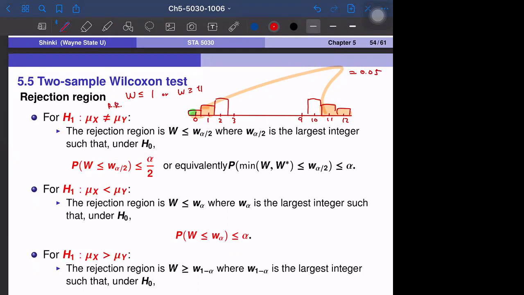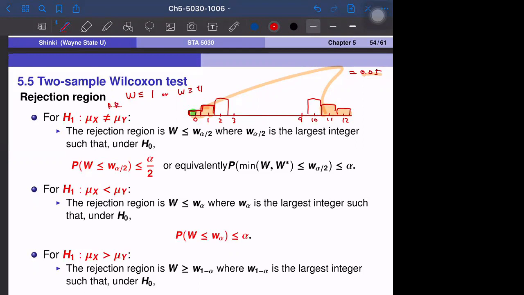So in general, if we have a significance level, we divide this number by 2 and find the area which corresponds to that probability. Then that area is the rejection region. We have to be conservative.